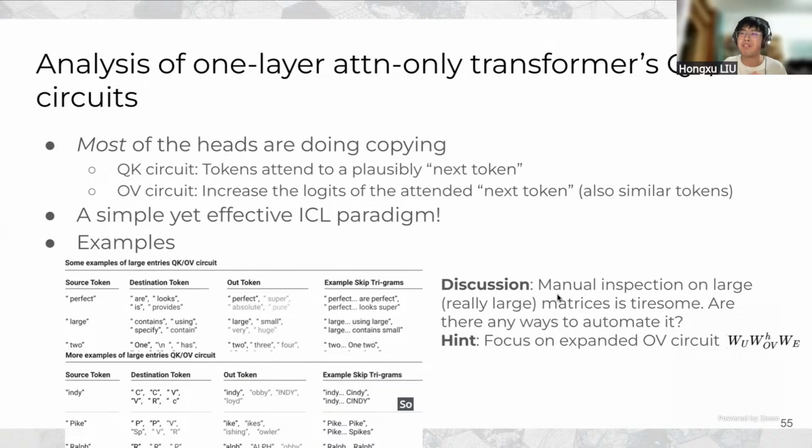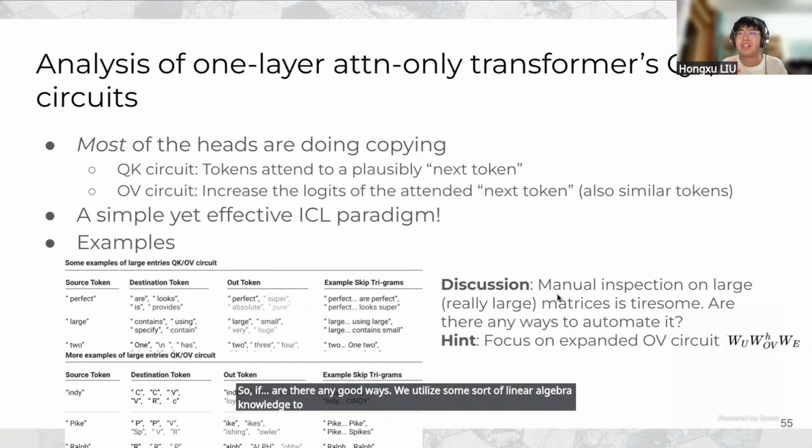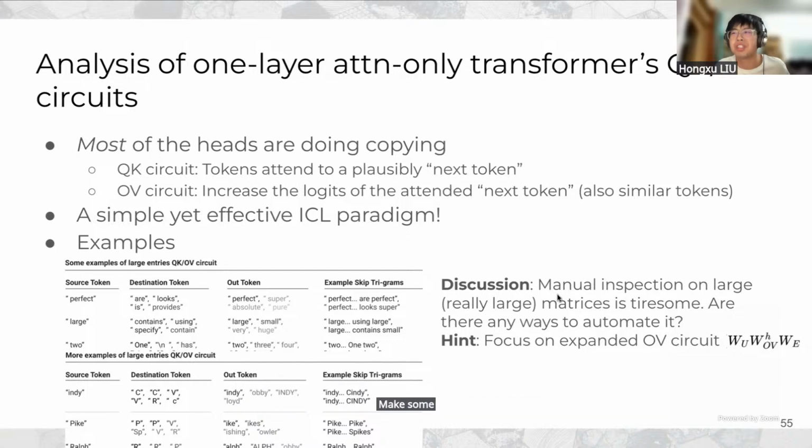So are there any good ways we can utilize some linear algebra knowledge to automatically make some attributions on it? My hint is that we should focus on the expanded OV circuit, since it multiplies the one hot token vector on just one side, so the multiplication is simpler. Does anybody have any clue?